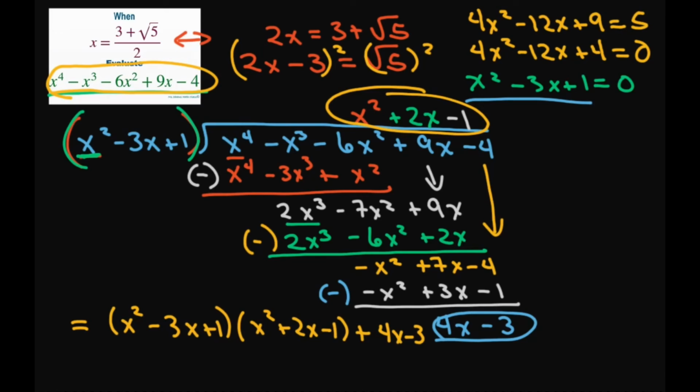Now before we move on to evaluate this, notice that this right here equals 0. So what's going to happen is this equals 0, and 0 times this is 0. So this whole equation here just equals 4x minus 3. All right, so let's start with that.